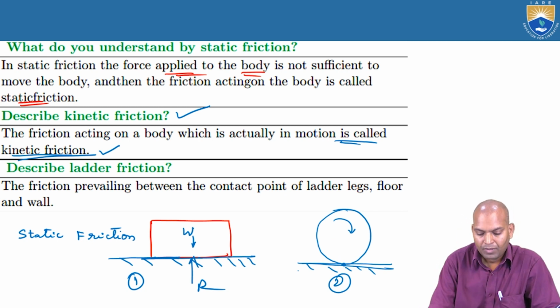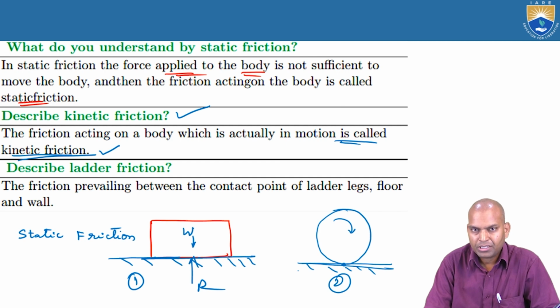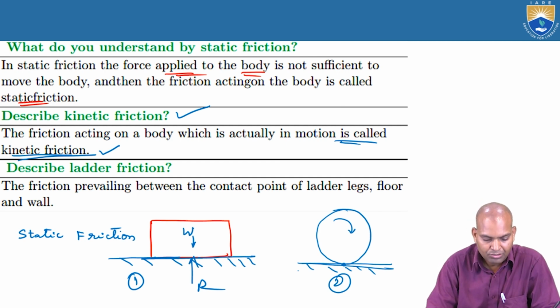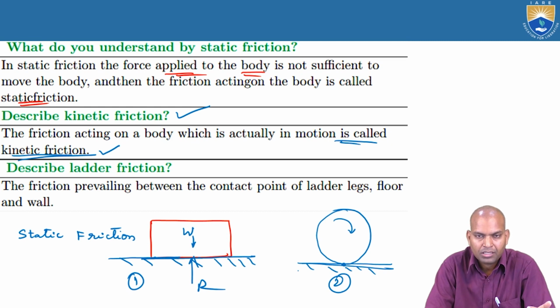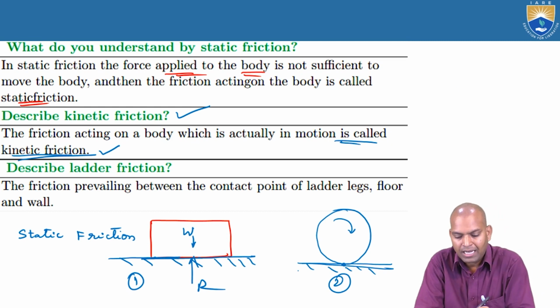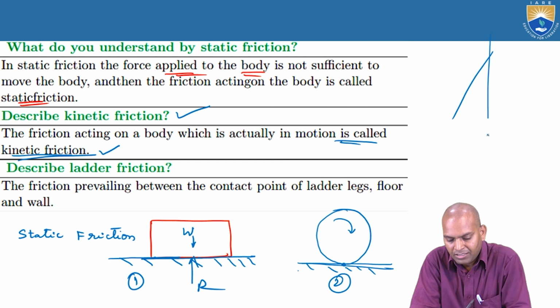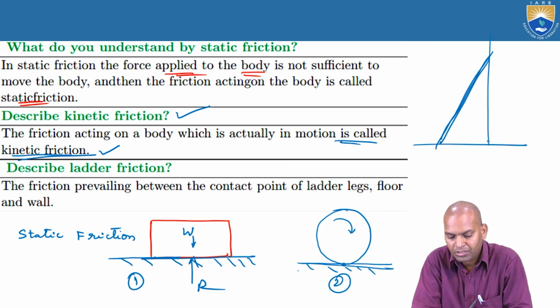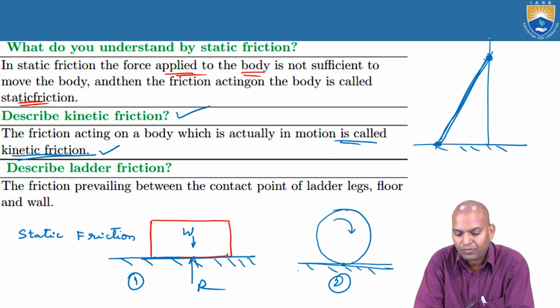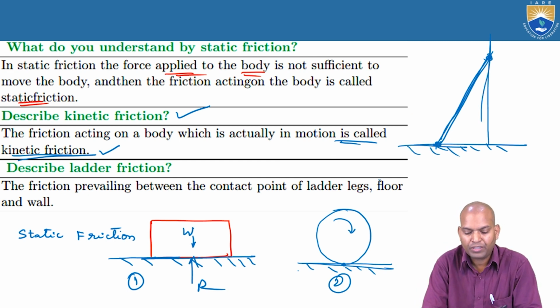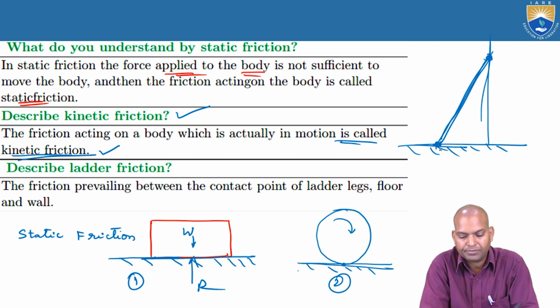Suppose, what is ladder friction? And one more term is wedge friction also, based on the situation. Here there is a ladder placed against the wall. If you see the view, it is on the wall. There is friction at the contact between the ladder and the vertical wall, and between the ladder and the horizontal surface. This friction is known as ladder friction.